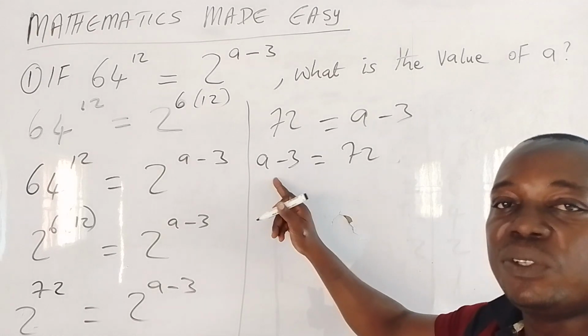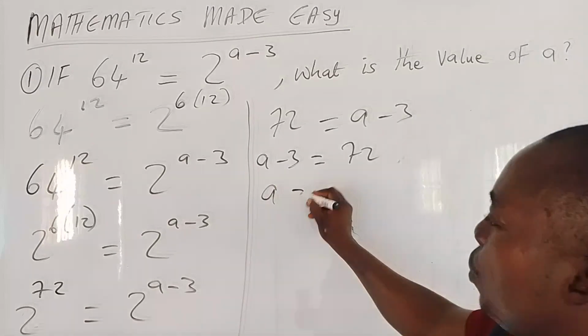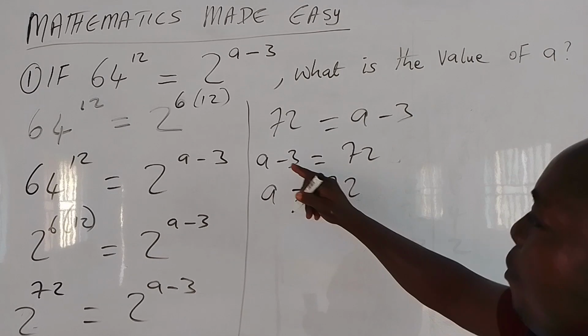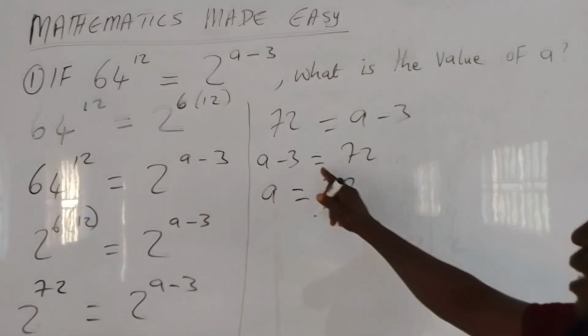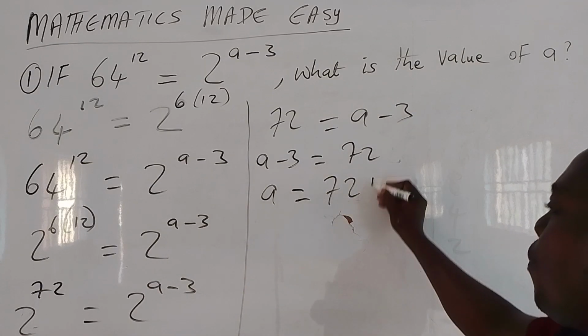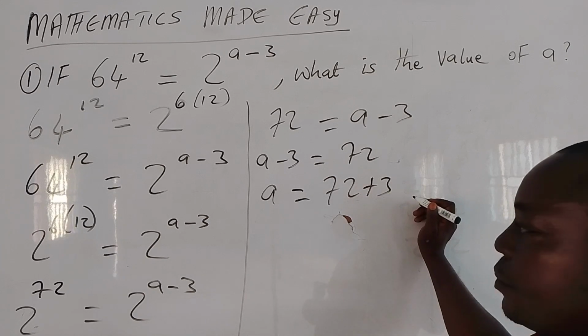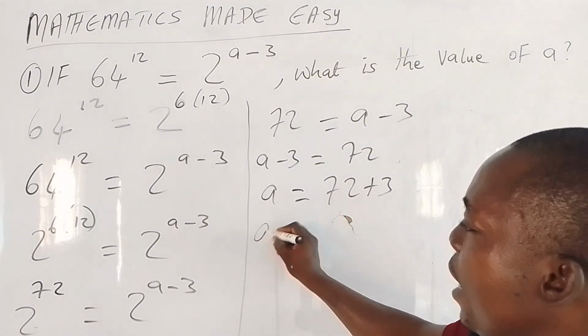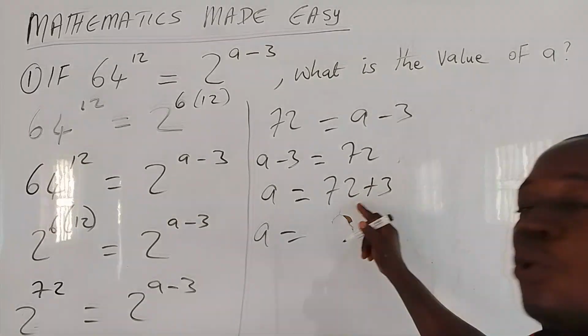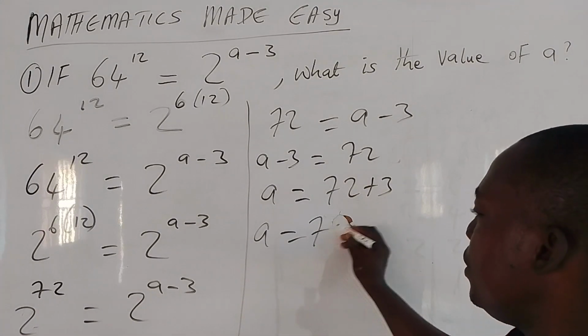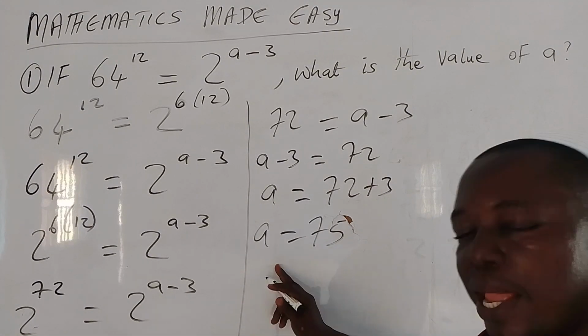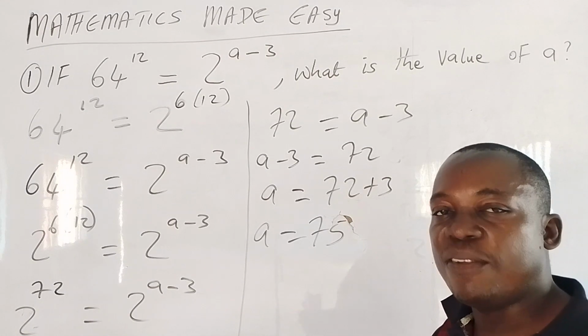How do you make a the subject of the formula? A alone is equal to 72 minus 3. Crossing over the sign of equality will be plus 3. Which means a is equal to 72 plus 3, that is 75. a is equal to 75.